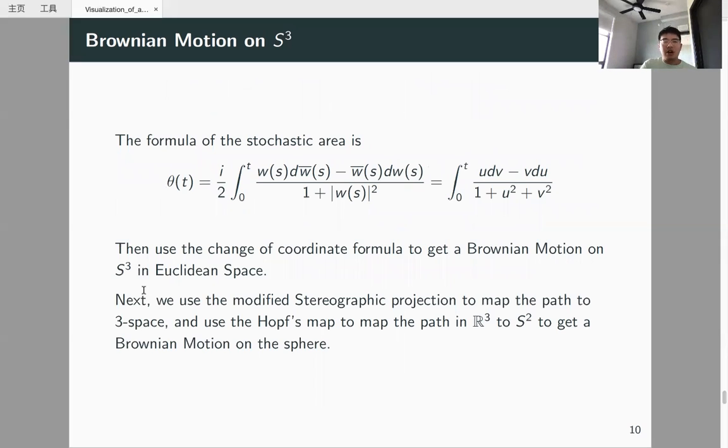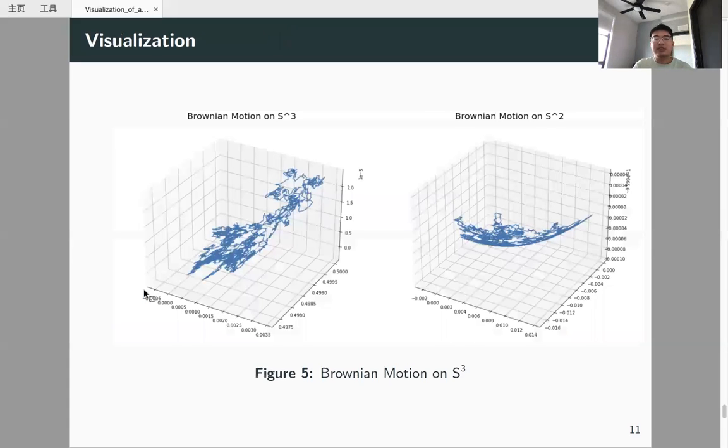Next, we use the modified stereographic projection to map the path to 3-space to visualize it, and then use the Hopf map to map the path in R3 to S2 to get the Brownian motion on the sphere. So we basically have two plots. The first one is the path on S2, and the second one is the path on S3, but after stereographic projection. So here's what we get.